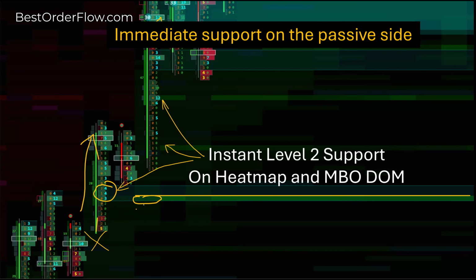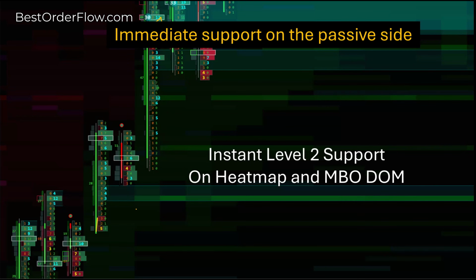That actually tells me, when I see a situation like that and I see, okay, this is the buyer's imbalance, and I see the price try to test that imbalance right here, fantastic. If I see that the heat map is also supported, or you can see the MBO or DOM supported right over here, this is an excellent cofactor. For example, immediate support. And this is not a drawing on the chart.